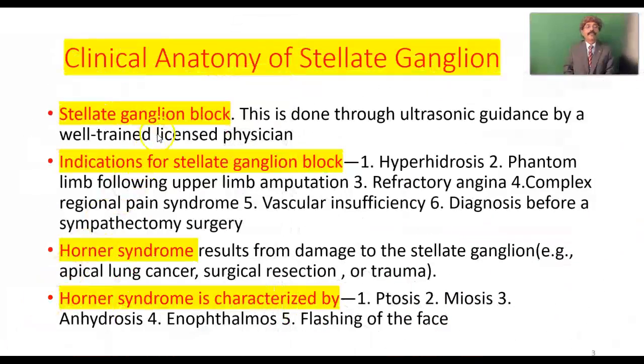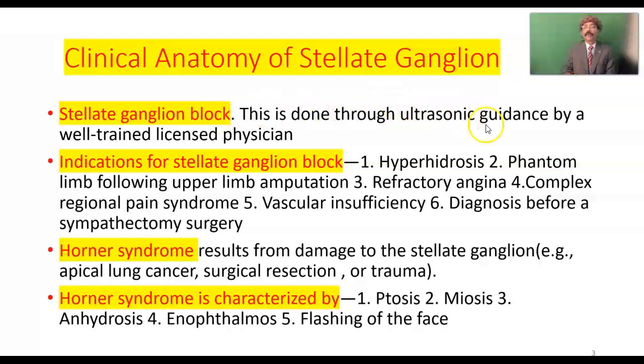We have one therapeutic use of the stellate ganglion. Stellate ganglion block is an important therapeutic procedure in certain clinical conditions.